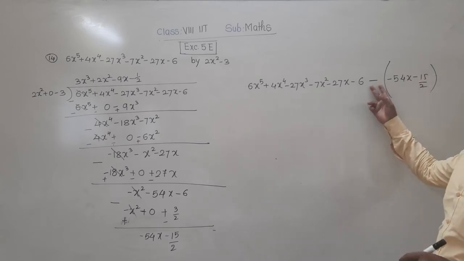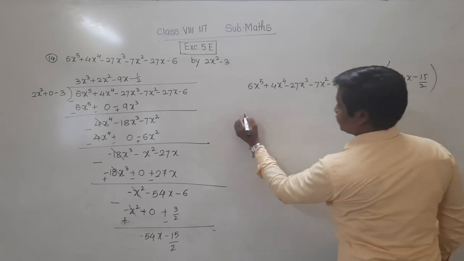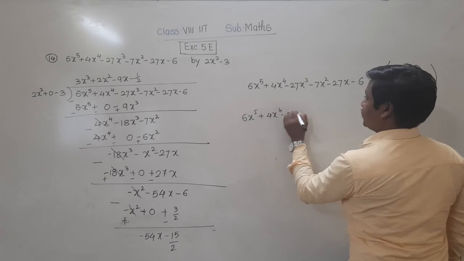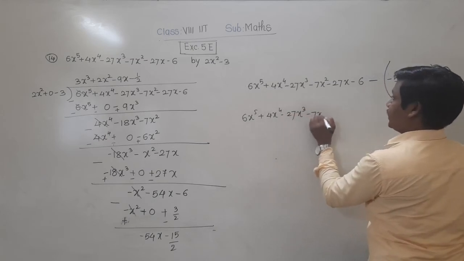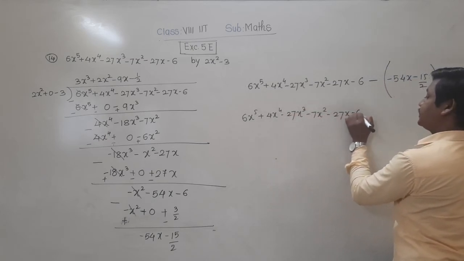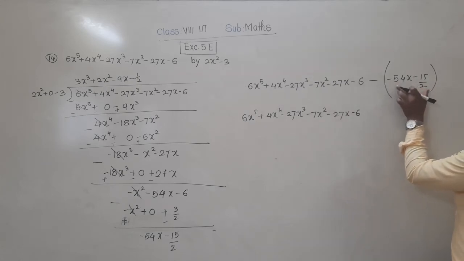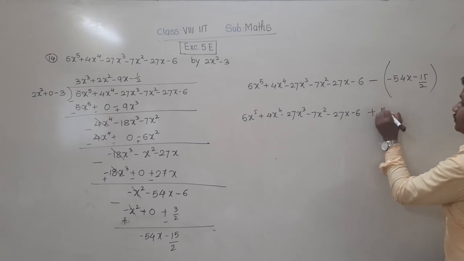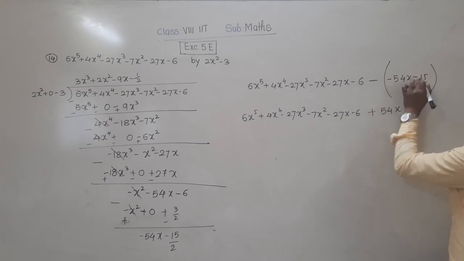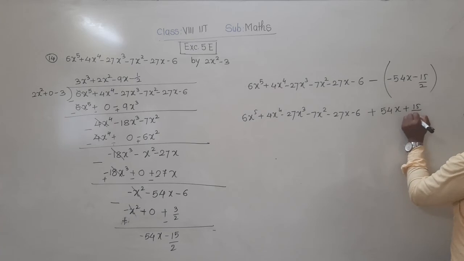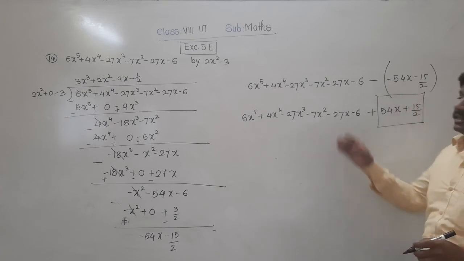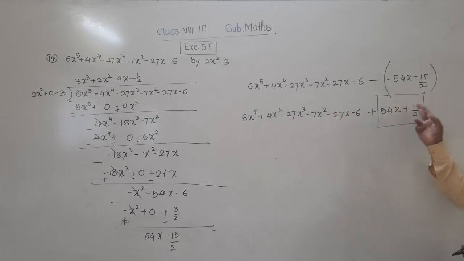So when we are going to subtract this, what happens here? Minus 27x cube minus 7x square minus 27x minus 6. When we subtract this, it is already a negative number, so minus minus becomes plus 54x plus 15 by 2. So this number we have to add.